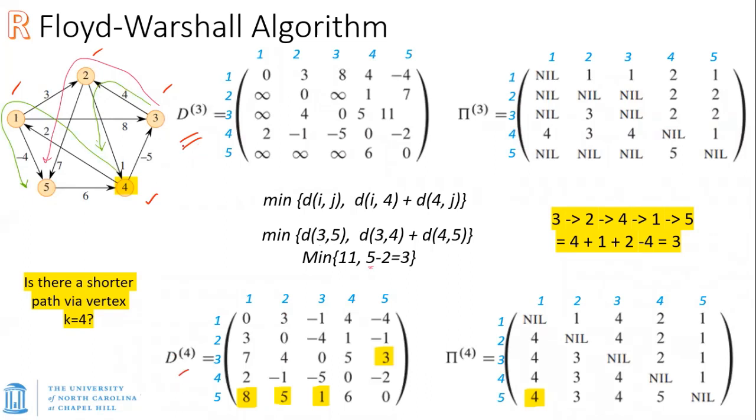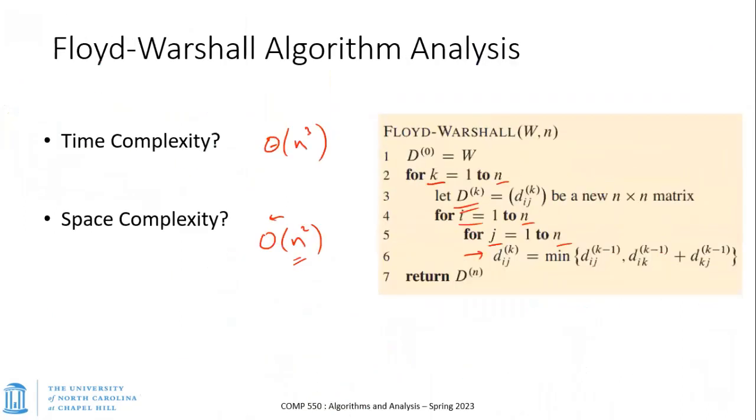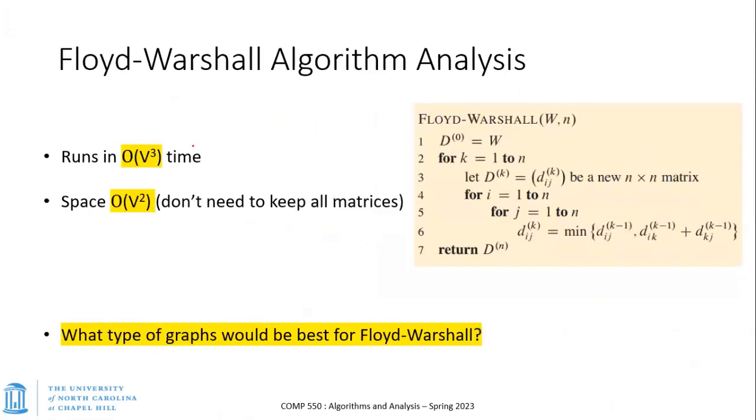So we could have thrown away D0, D1, and D2. Essentially, we don't need to keep track of all the matrices, and so we can reduce it to n squared, right? So hopefully everybody sees that. So we've got order of V cubed for time, order of V squared for space.